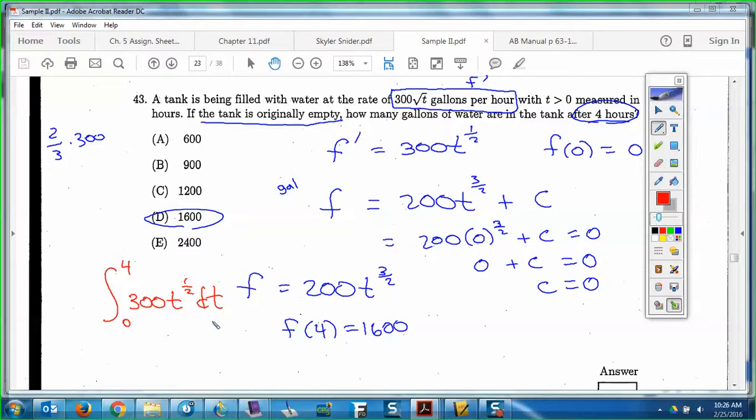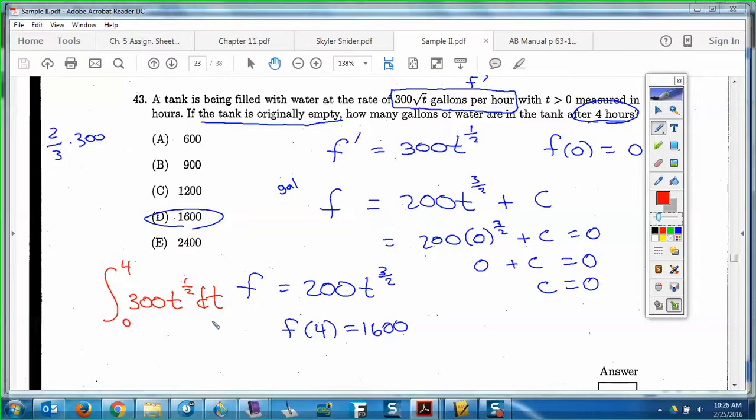Now, there is a slight difference here, and this is something we'll work on over time, but this actually gives us the net change in gallons over those 4 hours. But in this problem, won't that also be how many gallons are there at 4 hours? This is really the amount of water that went into the tank over that 4-hour period.